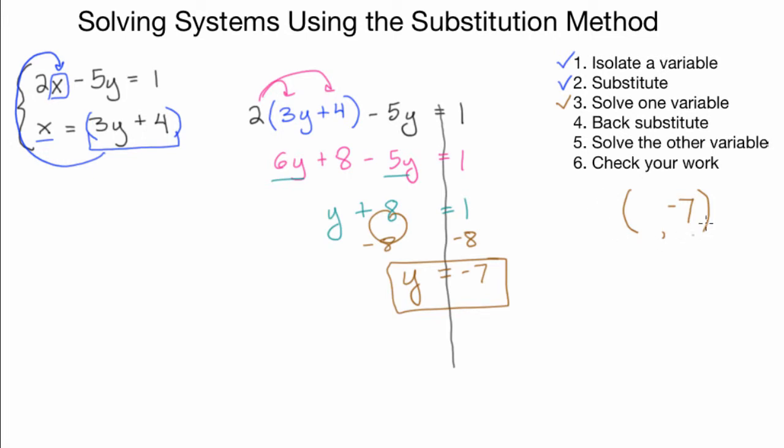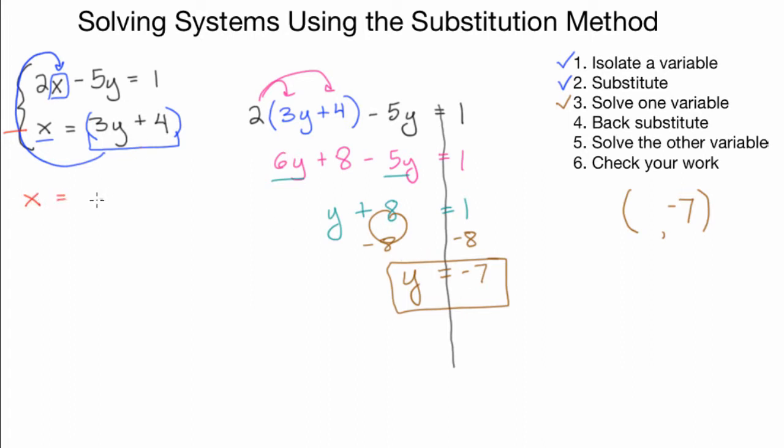I'm looking for an intersection point, an x and a y value, because it's all about that relationship between x and y. So let's take my y value, and here's where I back substitute. I use my y value in one of the equations to solve for x. I'm going to pick the second one because it's set up a little bit easier to find what x is. So x is equal to, and let's back substitute.